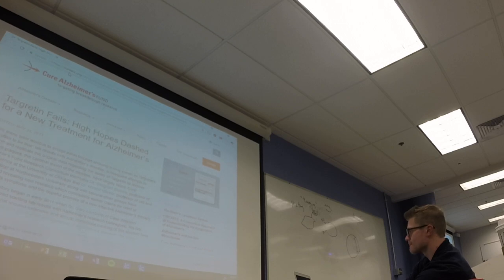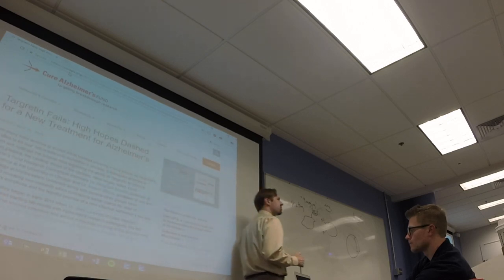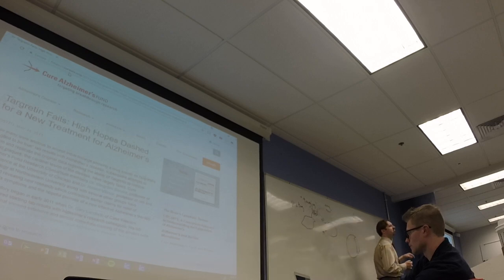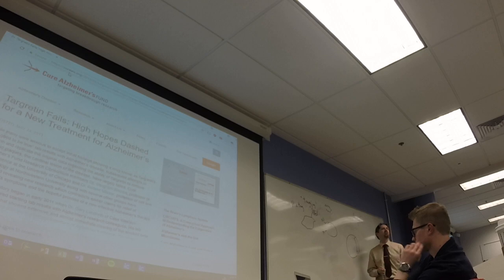Here's what happened. In 2011, a group studying mice showed that an already approved chemotherapeutic drug called bexarotene upregulated ApoE levels.